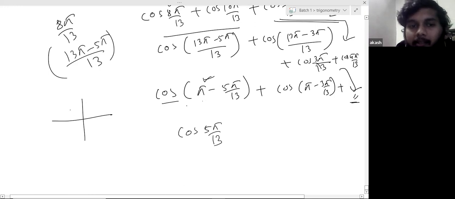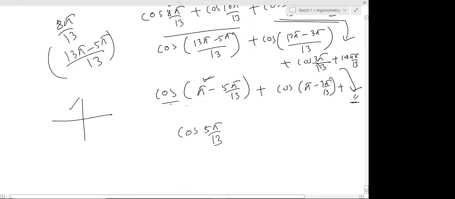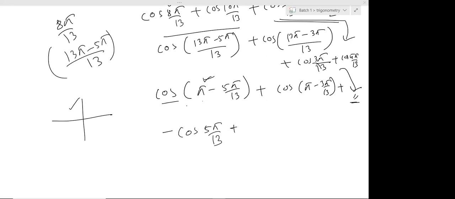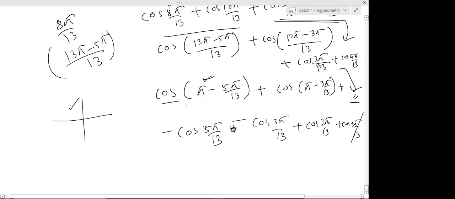But pi minus theta is in the second quadrant, so negative. And here we have cos of pi minus 3 pi by 13. Same for this. You'll get minus cos 3 pi by 13. And here we had cos 3 pi by 13 plus cos 5 pi by 13. So these are cancelled and you get 0.